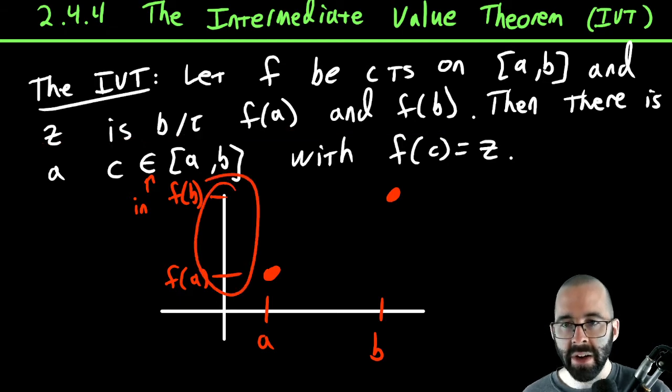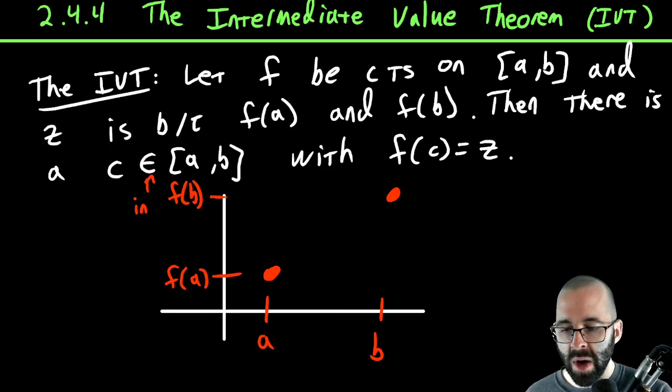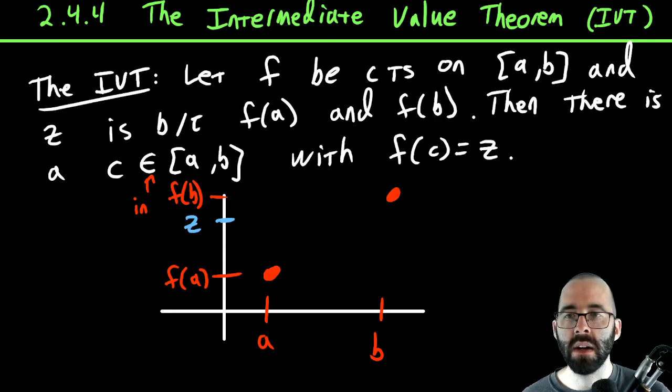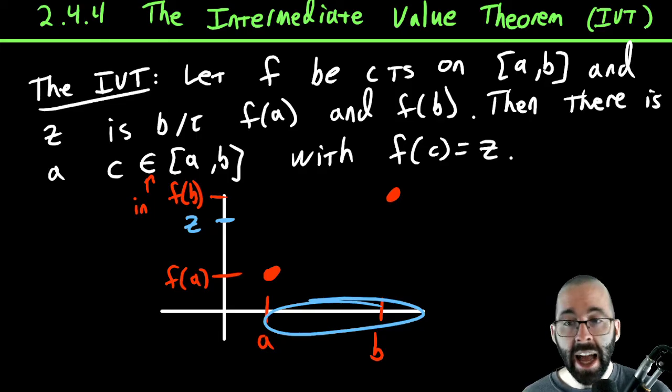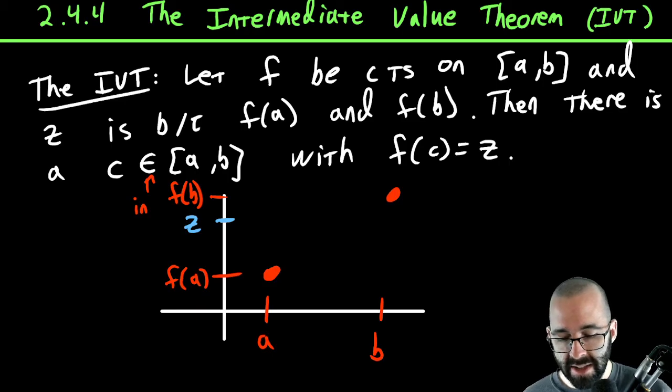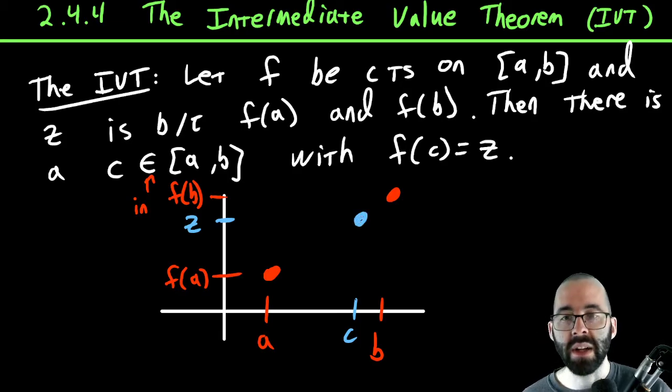Z is somewhere in here. Z is a y value somewhere between f of a and f of b. Let's say maybe z is up here. So all we're saying is that somewhere in the x range, somewhere in the interval here, there's a c, and I don't know where it is, with this point.